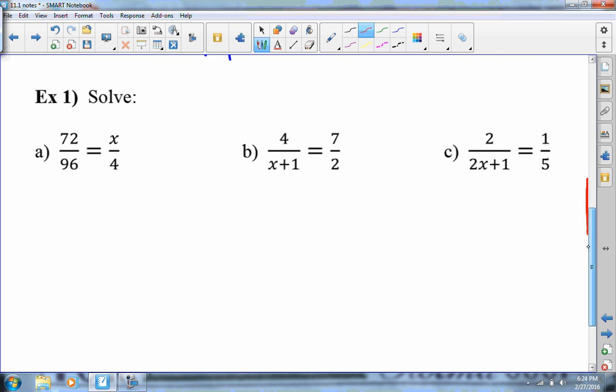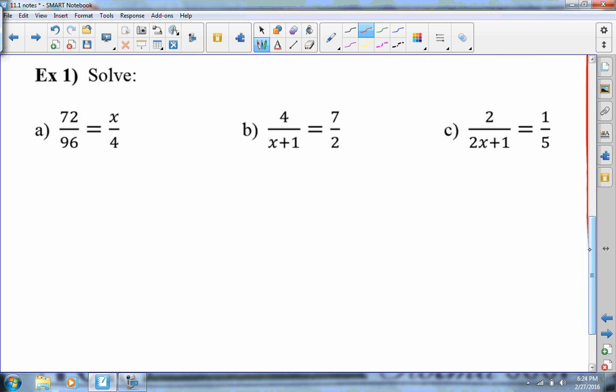So let's take a look at a couple straightforward proportion type problems. This first one here, we have 72 over 96 equals x over 4. And it says to solve it, we have one variable here, x, so that's what we're going to be solving for. I have one fraction set equal to another fraction, so I'm going to cross multiply.